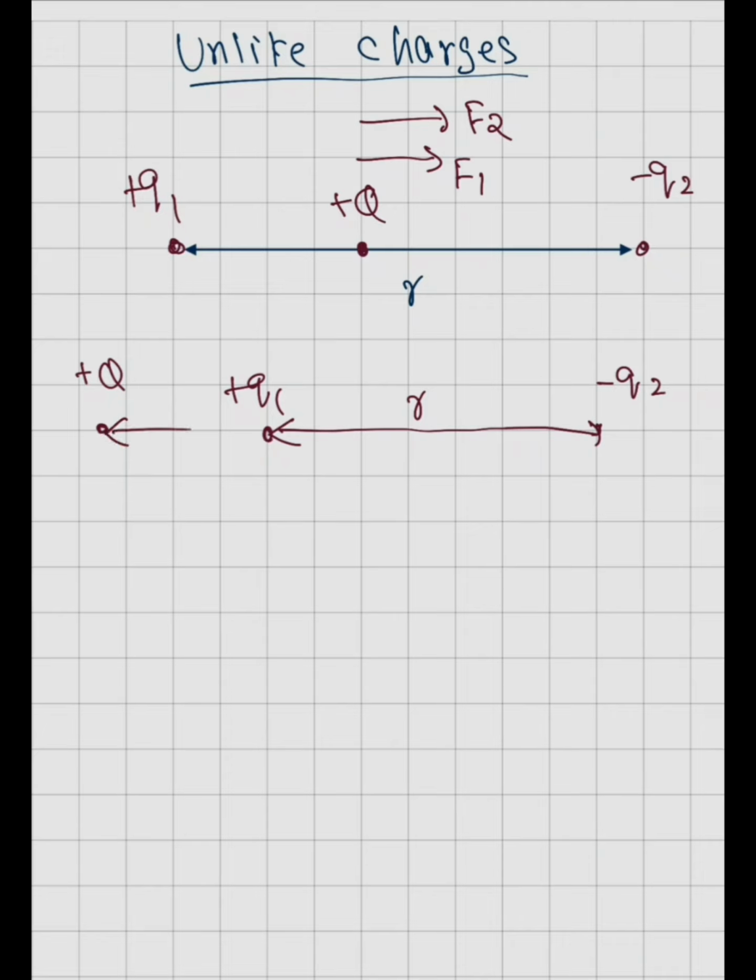Let the null point be formed at a distance x from q1. Now q1 exerts a force on plus Q. It is repulsive, so it will act in this direction. Similarly, minus q2 will exert a force on plus Q. It is attractive, so it will act along this direction. So at this point, F1 and F2 get cancelled, so the net force is 0.